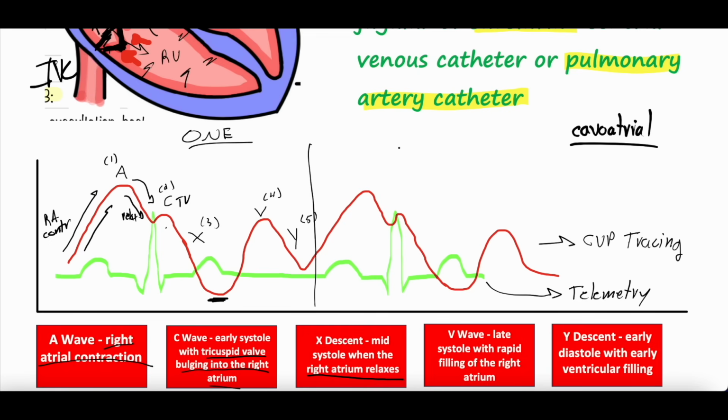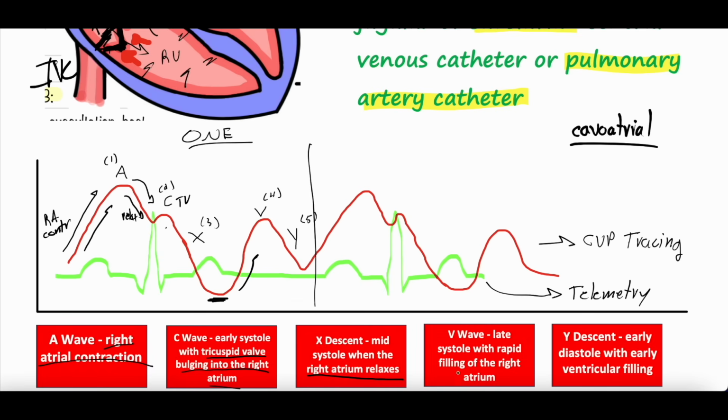We have the right atrium that originally contracted, all right? Then the right atrium was done contracting and it started to relax. As the right atrium's relaxing, the right ventricle contracts, and that pushes the tricuspid valve into the right atria, causing the C wave. But the right atrium still is relaxing, so the X descent is as the right atrium continues to relax. But now the V wave is the right atrium starts to fill with blood again.